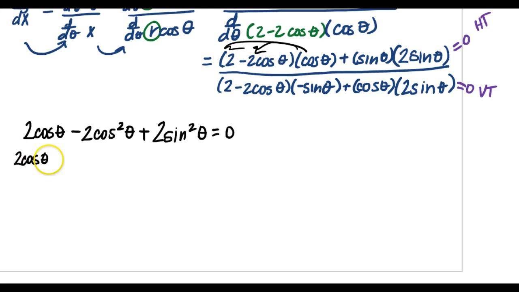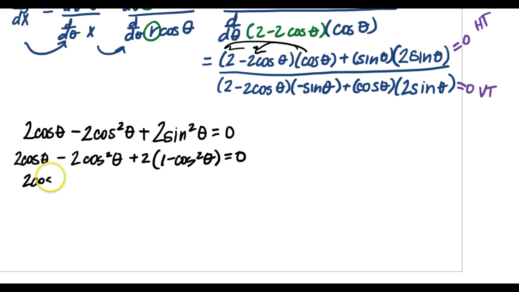I'm going to rewrite the sine squared function to be in terms of cosine squared. So sine squared theta is 1 minus cosine squared theta, equals 0. So now everything's in terms of cosine. So 2 cosine theta minus 2 cosine squared theta plus 2 minus 2 cosine squared theta equals 0.